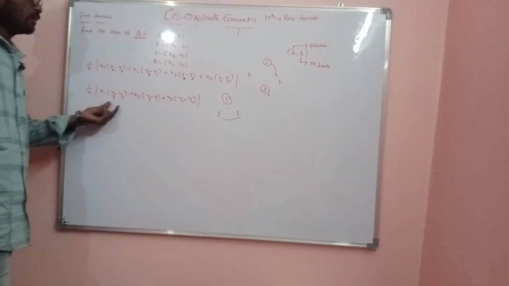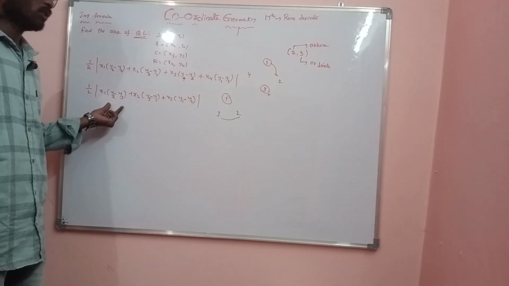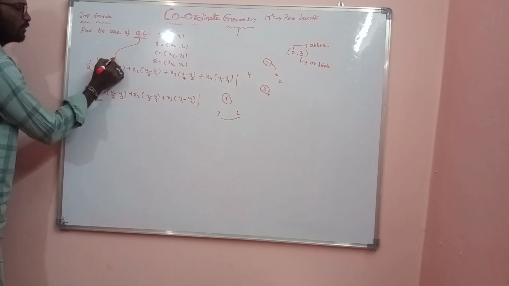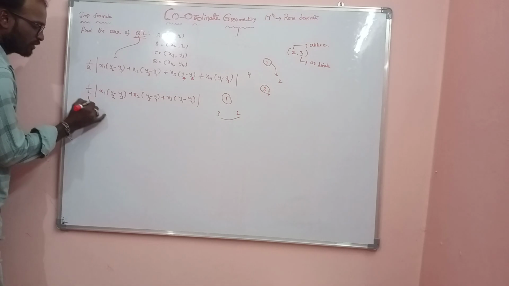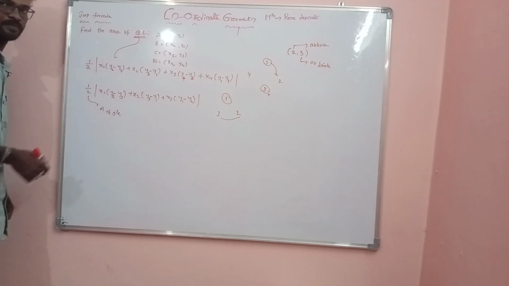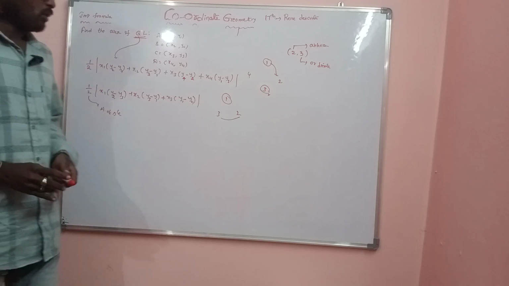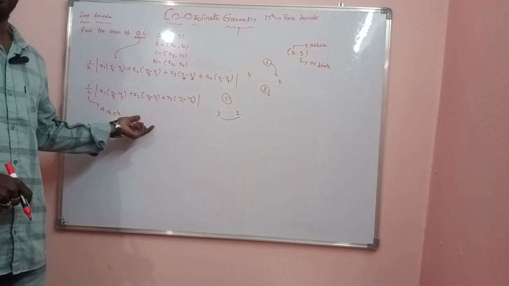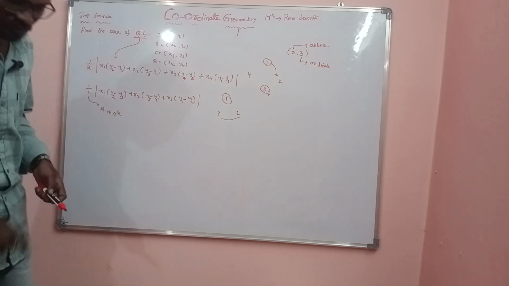This is how you can easily learn the formulas. This is the formula for the area of a quadrilateral, and this is the formula for the area of a triangle. Now we can look at some problems.